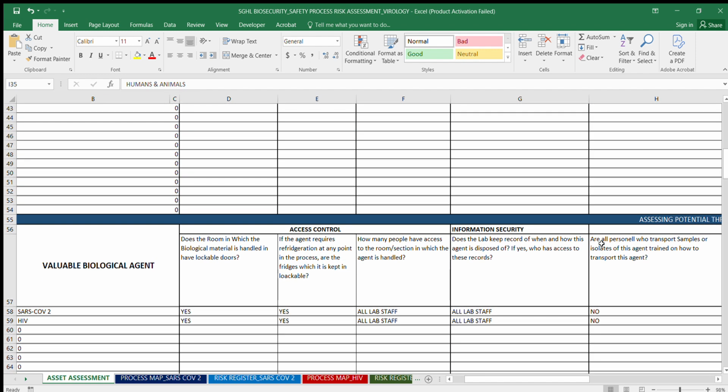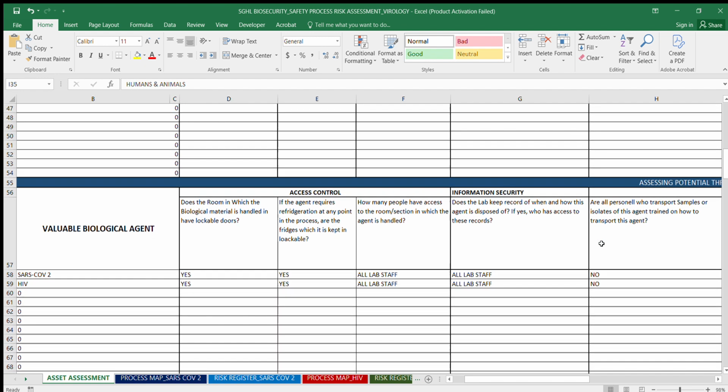Then the next part is your vulnerability checks. So you're doing your vulnerability characterization. Under the vulnerability characterization, we are looking at vulnerabilities or gaps in the 5 pillars of biosecurity. Because if there are gaps in the 5 pillars, those are the points at which people can come into contact with your asset, and also the points at which the asset may intentionally be exposed to people.